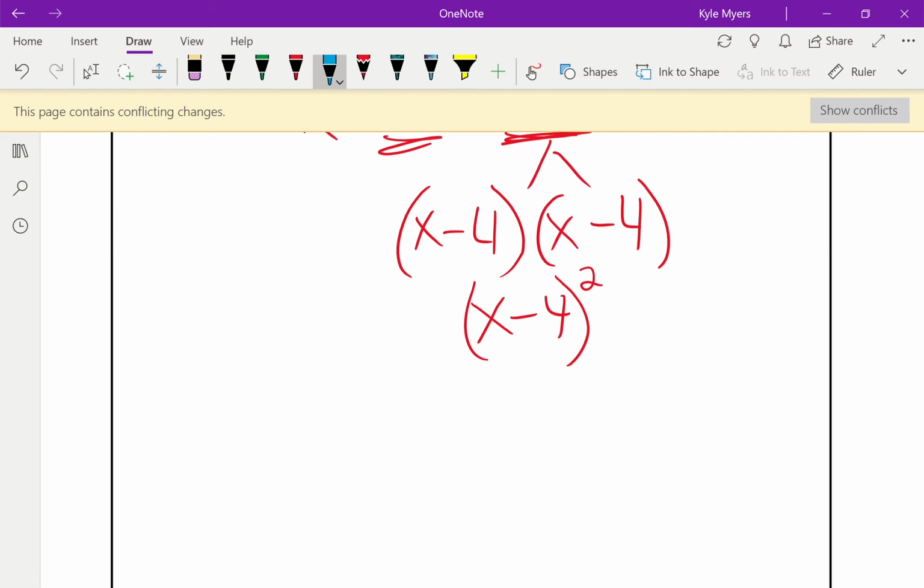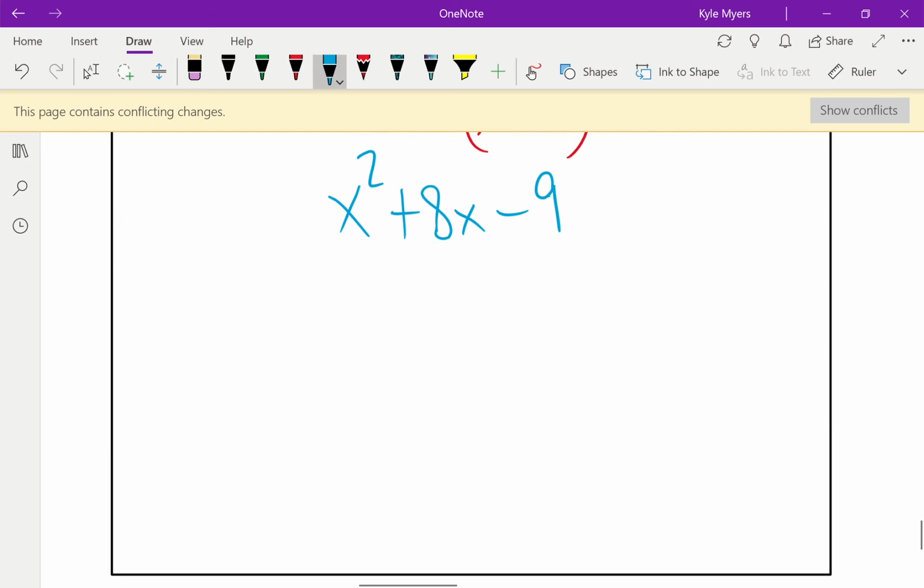And for our last two, we've got x squared plus 8x minus 9. I'm going to start with 1 and 9. Now I have to make either the 1 or the 9 negative, but not both, because I need a negative 9 when I multiply. I can only get a negative number when I multiply two numbers if one of them is negative and one is positive.